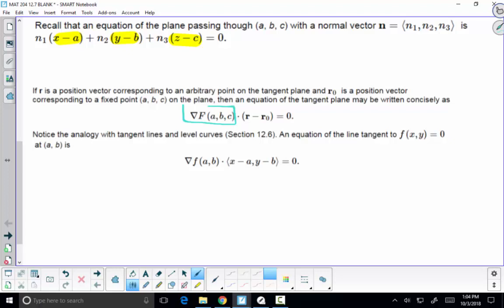Okay, say that again. Yeah, I'll say it at least 3 times. So if we have a curve defined implicitly, then we have a gradient that is orthogonal to its level curves. Everyone follow that?